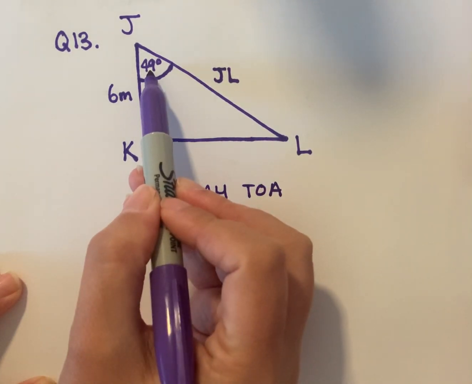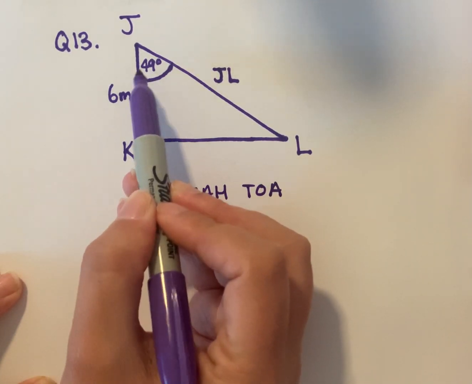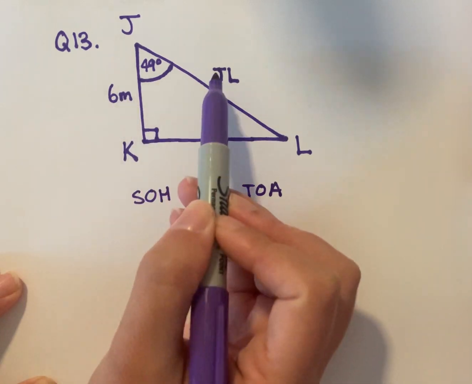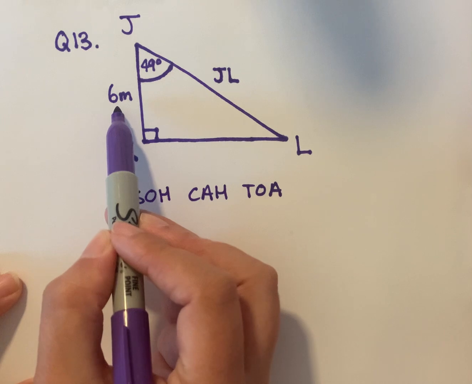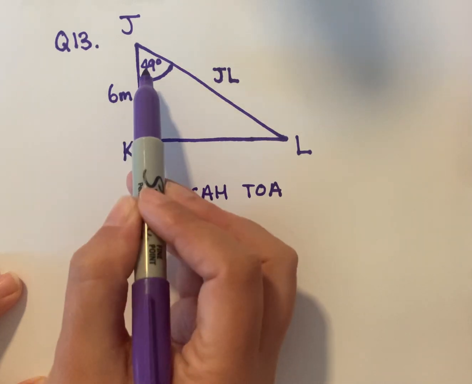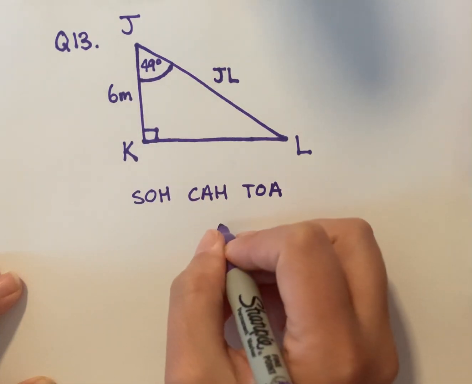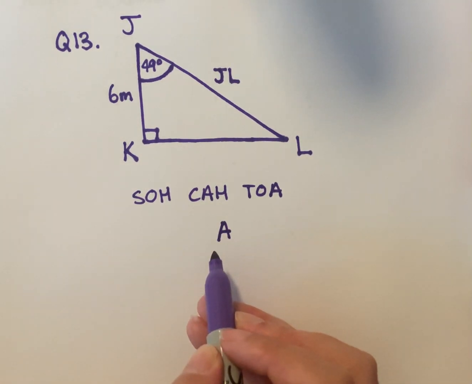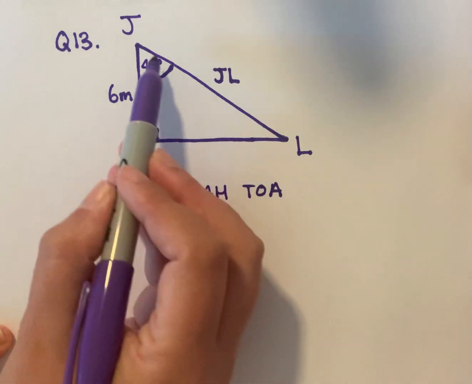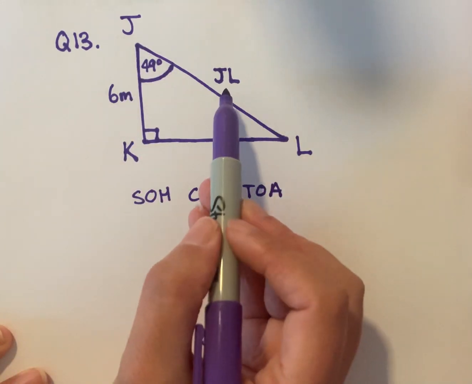Well, if this is our given angle up here, 49 degrees, which sides are we working with with respect to this given angle? We've got this side here, which is right next to our given angle. That's our adjacent side. We're also working with this side here. We don't know what it is yet, but we want to find it.